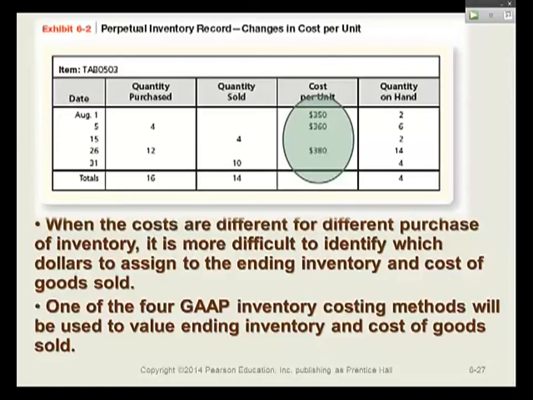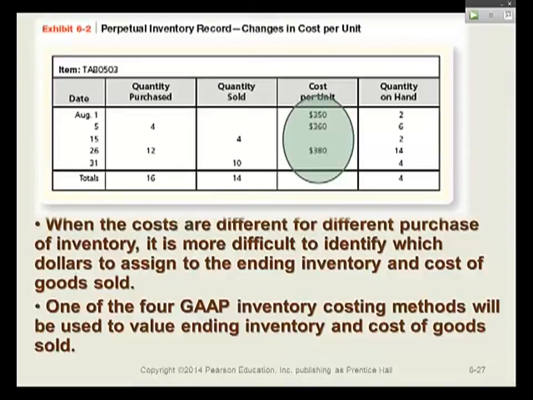And we're not really worried about discounts and things like that in this problem. You got 4 at 360, and you have 12 at 380. So that would be 1440, and that's going to be 4560.